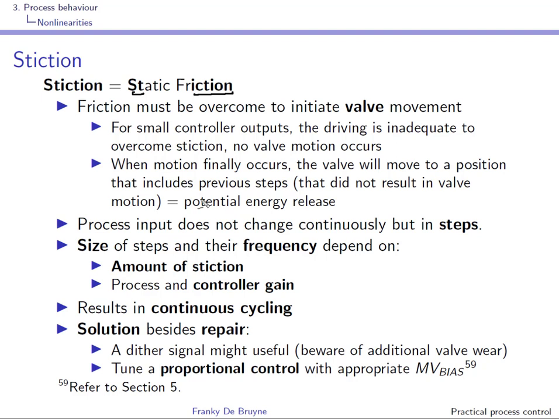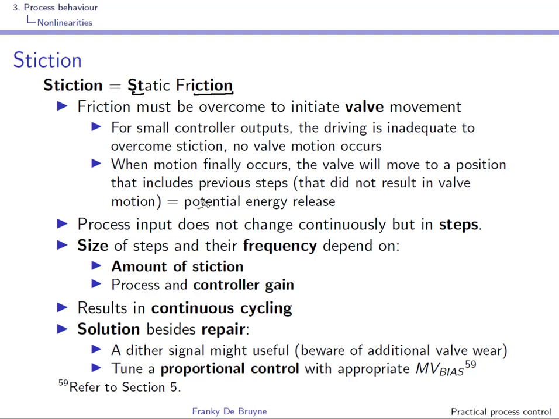We have seen that the output of the valve, and therefore the process input, is not changing continuously but in steps, and the size of the steps and their frequency depend on the amount of stiction, but also on the loop gain, so more in particular on the controller gain, and this results in continuous cycling on PV.